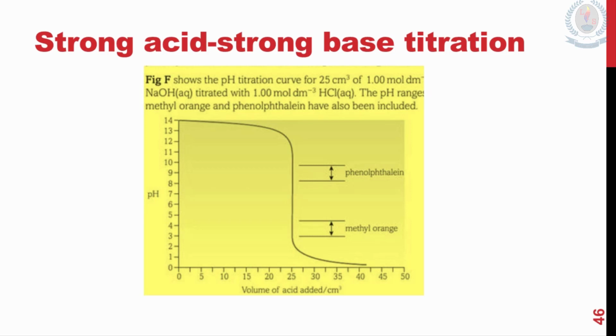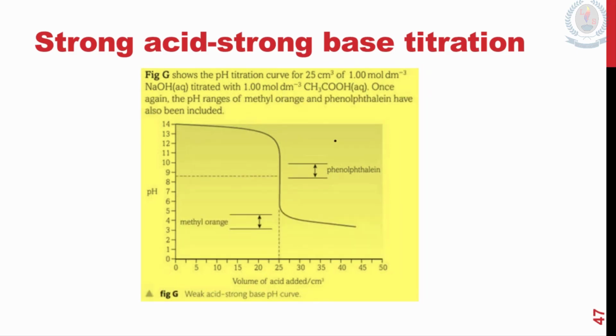The pH range of methyl orange and phenolphthalein has to be included. Okay, now let's move to the other slide. In there you can see the pH curve of a strong acid and strong base. For this type of titration you can use phenolphthalein and methyl orange.